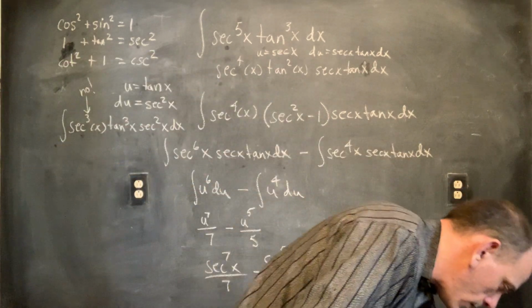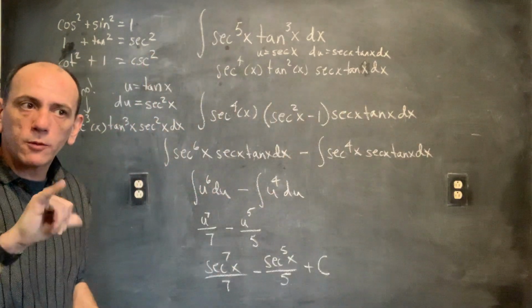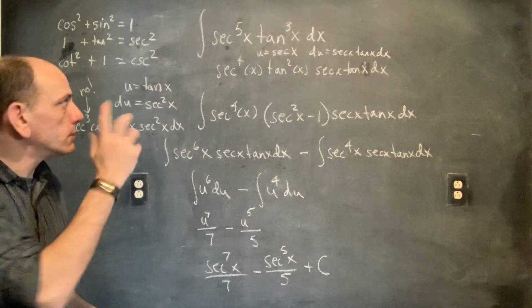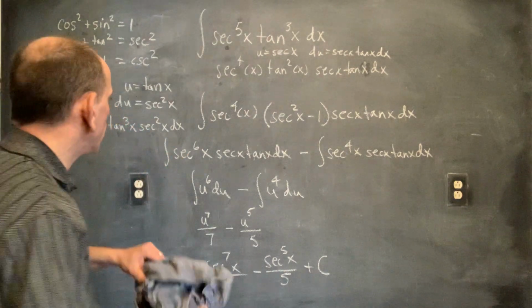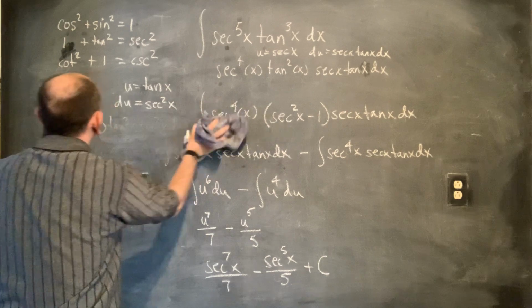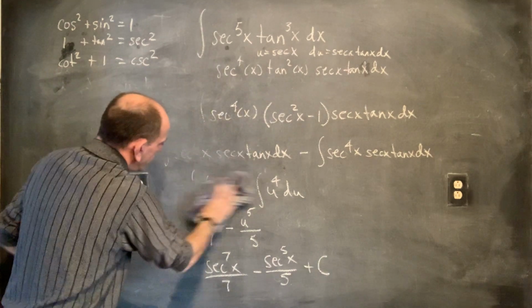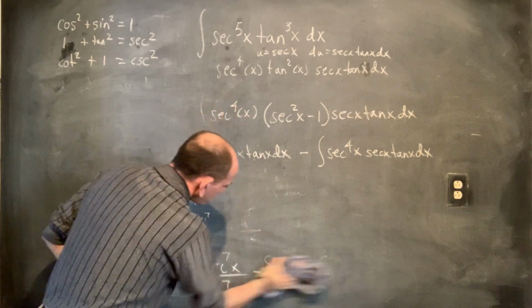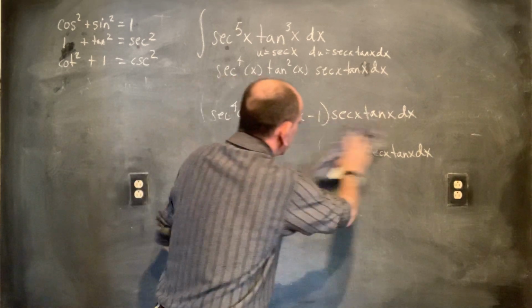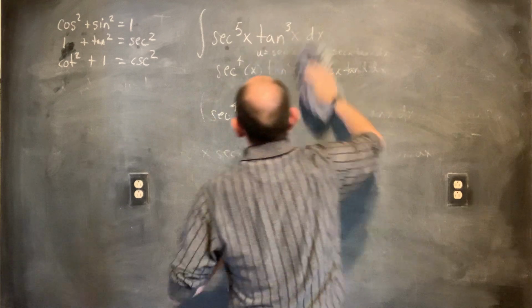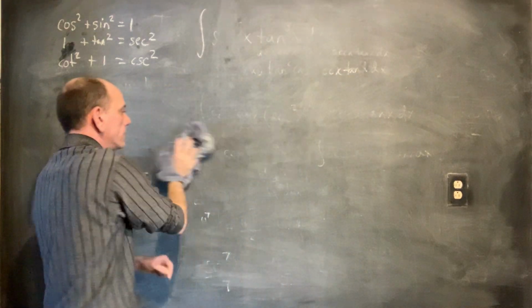Cool. So we've seen two examples with sines and cosines. We've seen secant and a tangent. We saw odd power of secant when we did by parts. Let's try one of the weirder ones, or one of the degenerate ones, right?